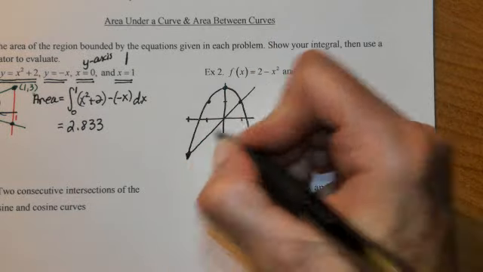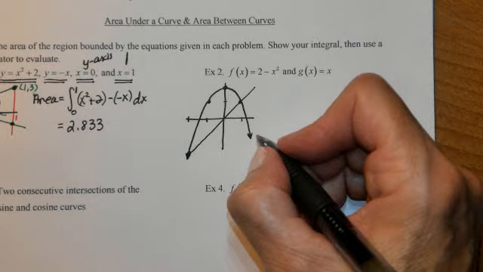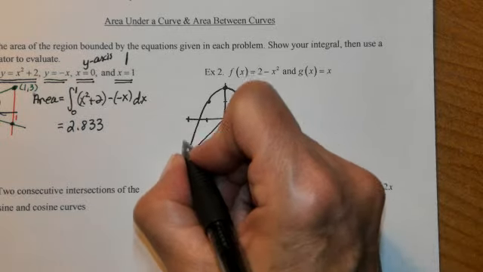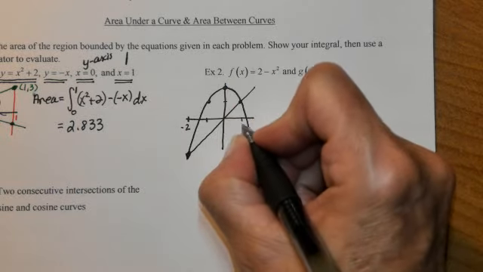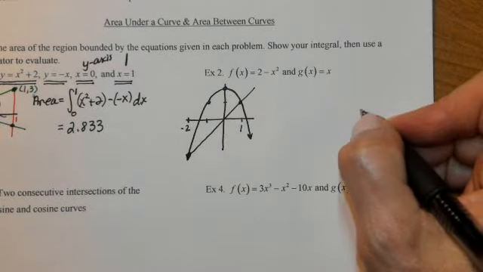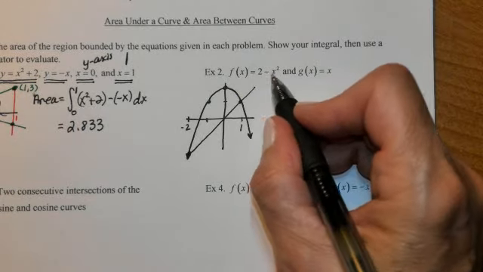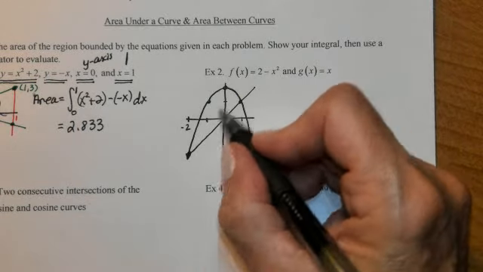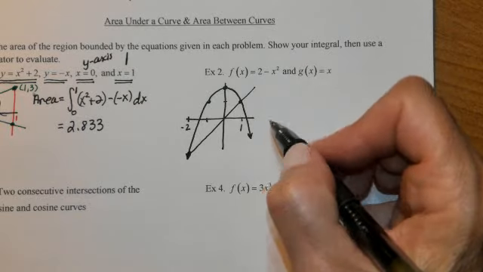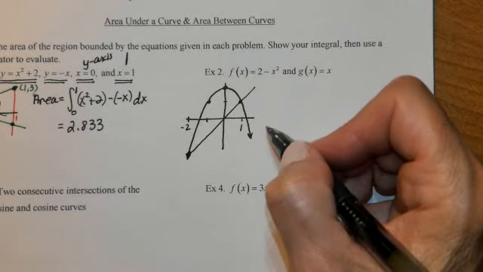So by sketching the graph, we have found our intersection points. We're going to go from -2 to 1. And I find that happens a lot in these problems. Just plugging in a couple of x values gets you our matching coordinates, our intersection points.